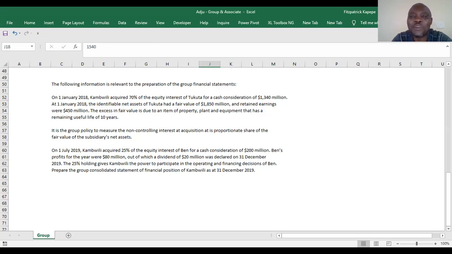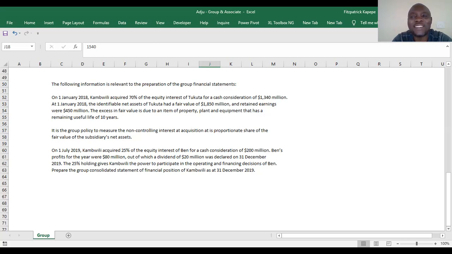But in this case, we've been told we need to use proportionate share of fair value. What it means is that the value that we get at acquisition times the share of the non-controlling interest, that is a proportionate share.